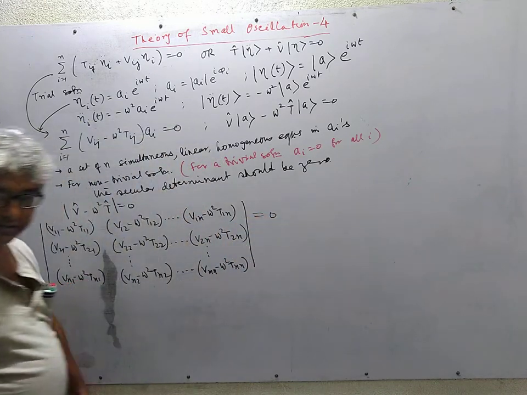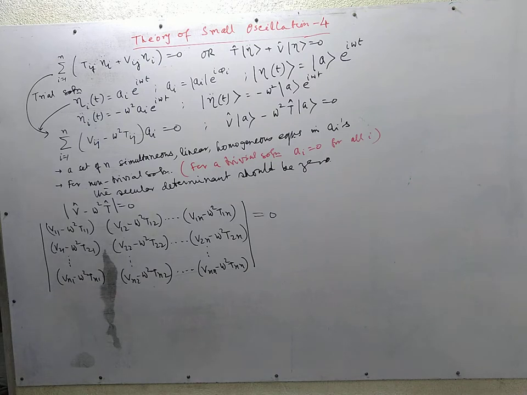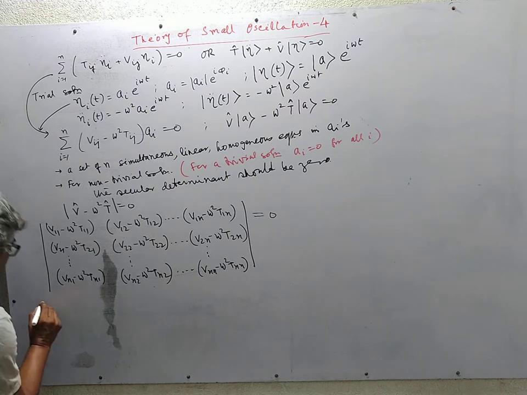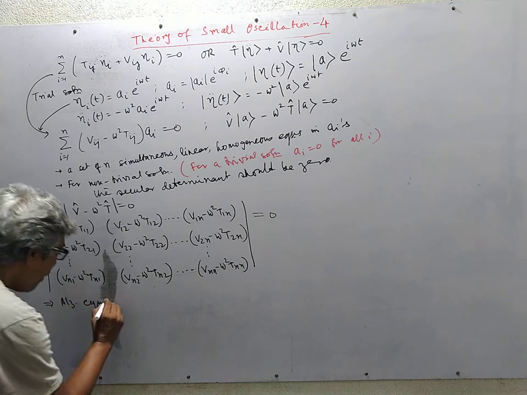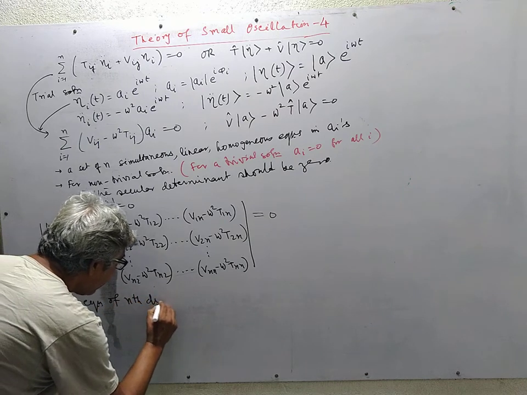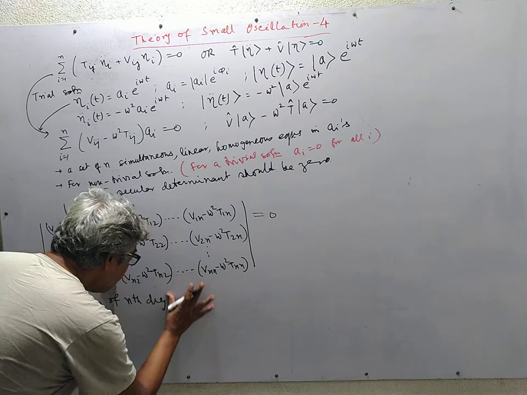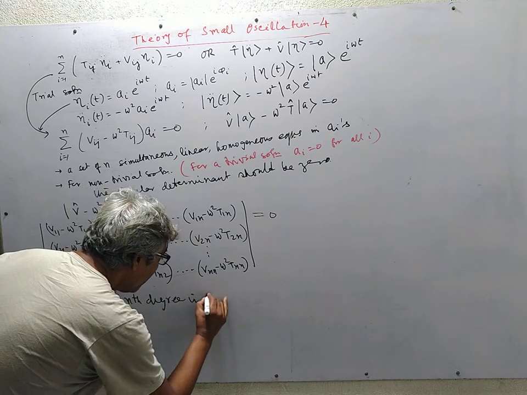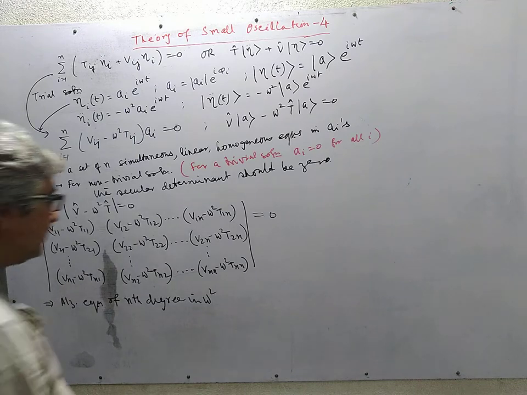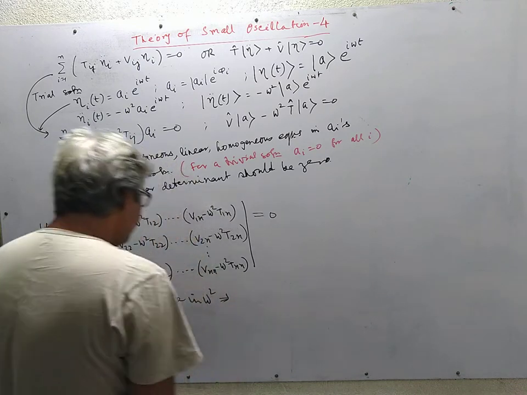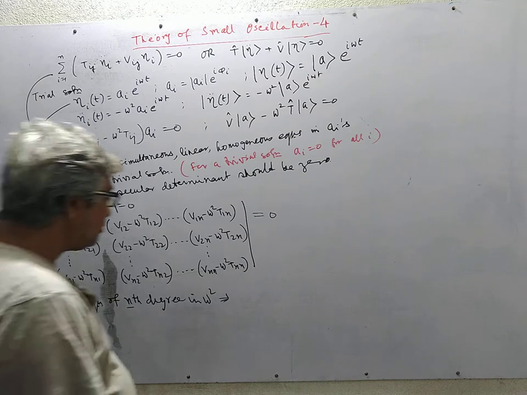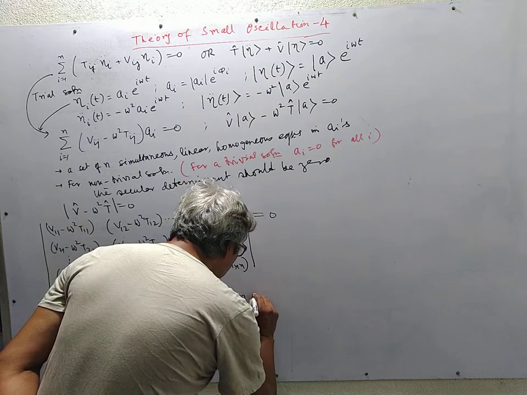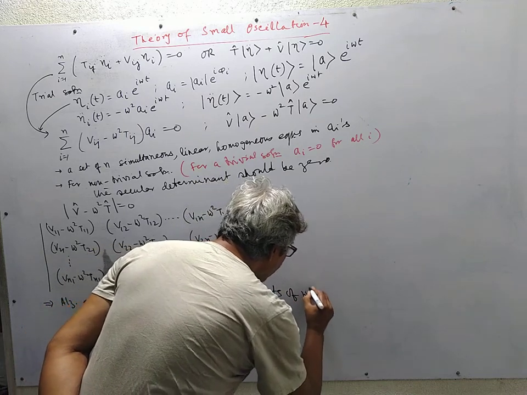When we unfold it, this gives you an algebraic equation of nth degree in omega square, which says that there are n values, so an nth degree algebraic equation in omega square gives you n roots of omega square.